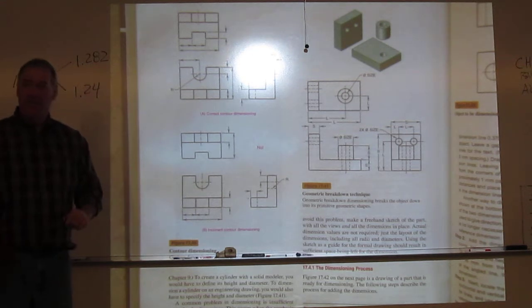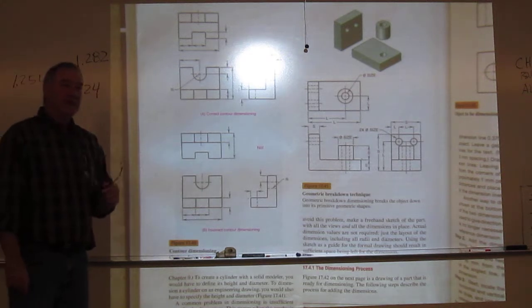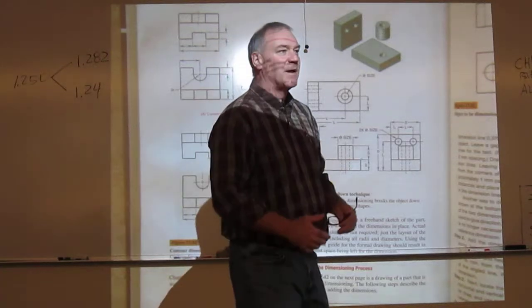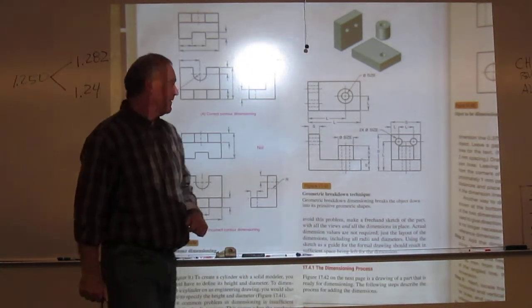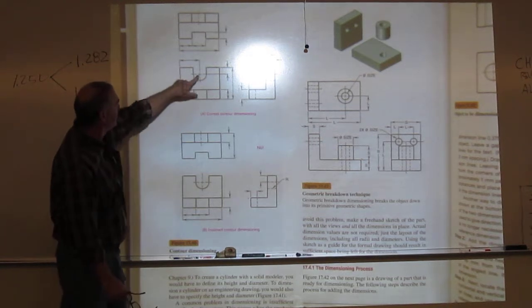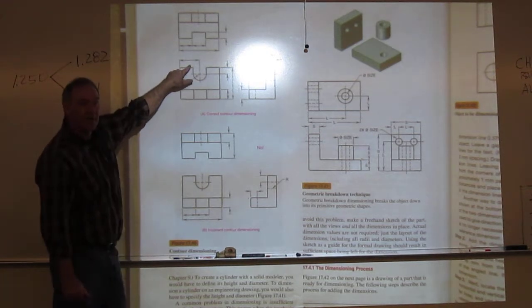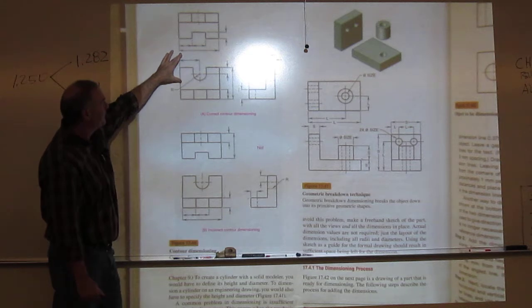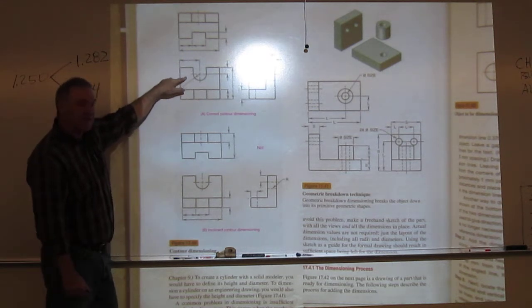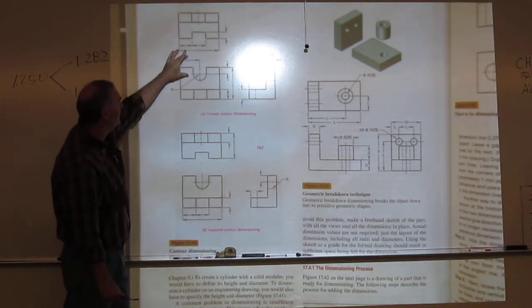Last thing is grouping. Group like dimensions, I guess might be a better way to say it. Let's look at this little slot right here. See how they have all the dimensions for the slot together? That's how it should happen. Everything should be right here.